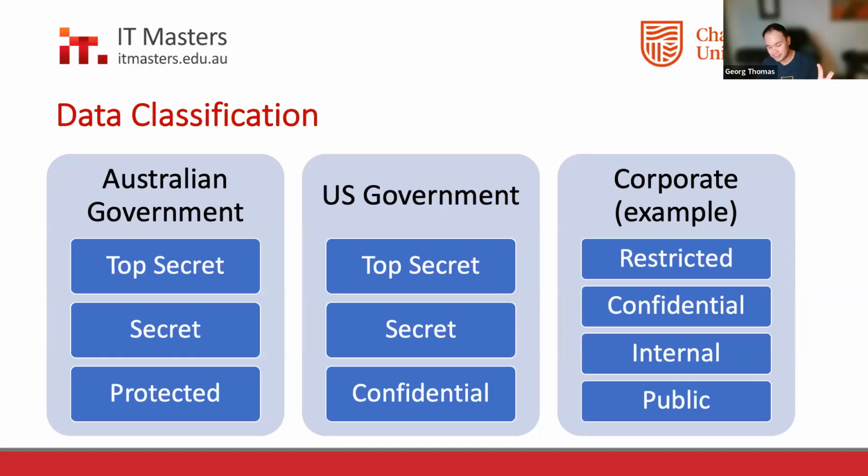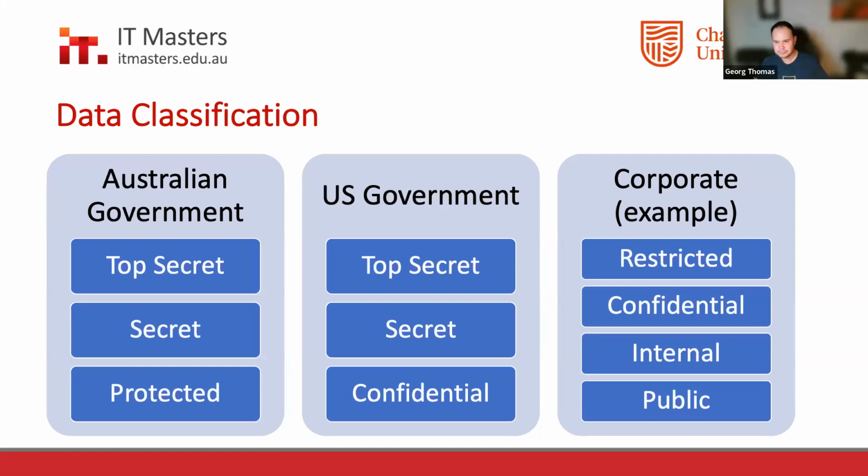With the government bodies, there are levels of clearance needed to access these sorts of things. Secret and top secret being national security threats, as in, if that got out, that would be a national security disaster, versus protected, which is very sensitive and not for public consumption, but not as sensitive.